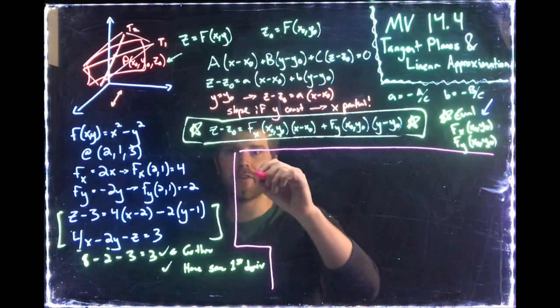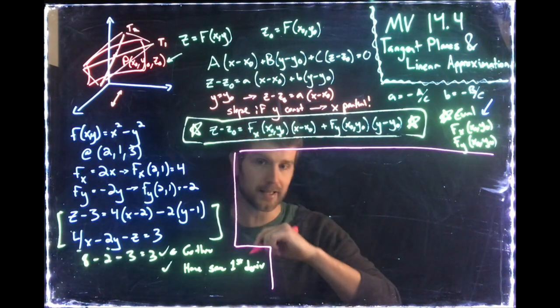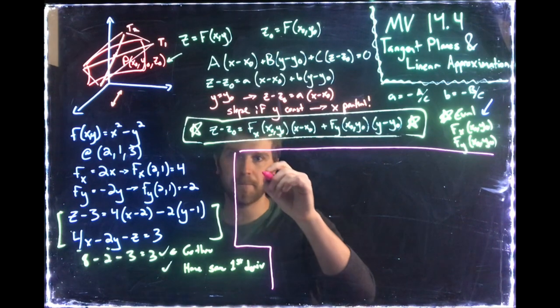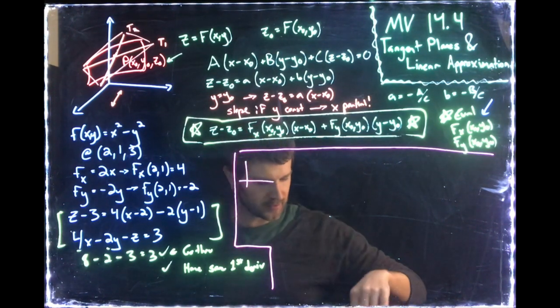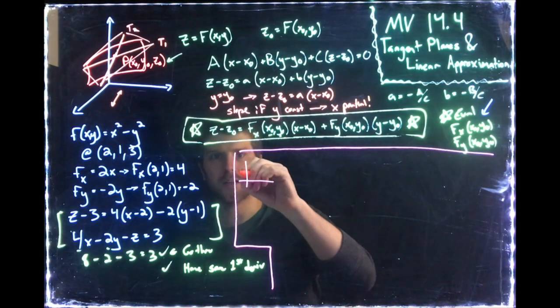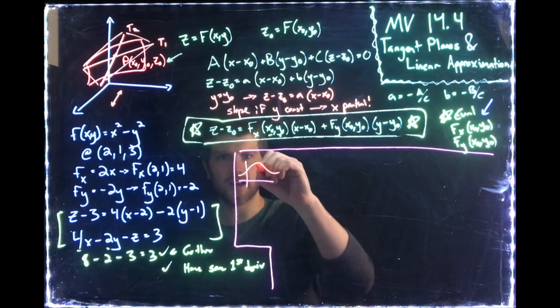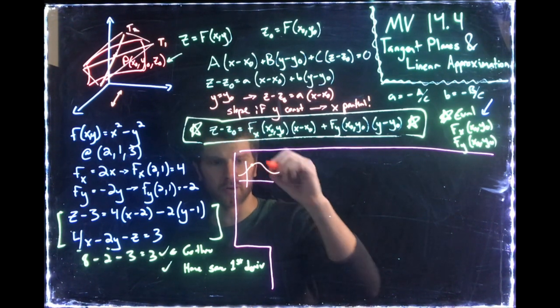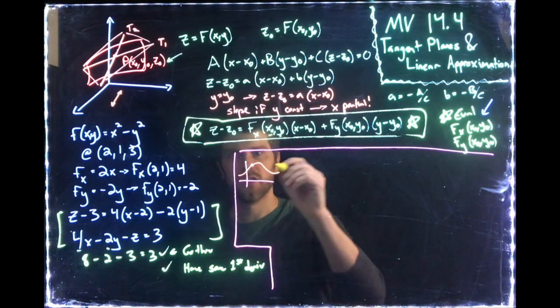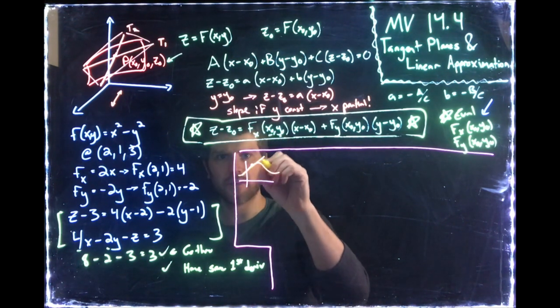So if I have some function, and here I'm going to go back to BC calculus because it's easier to draw in 1D, and I decide to do a linear approximation around some point, so I draw a tangent line at that point.